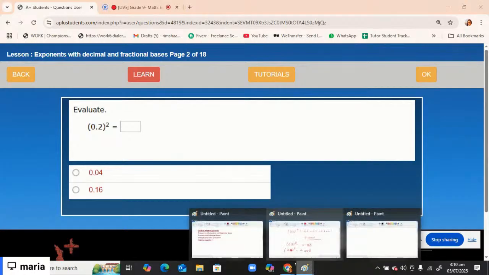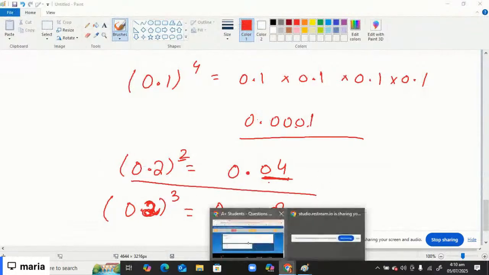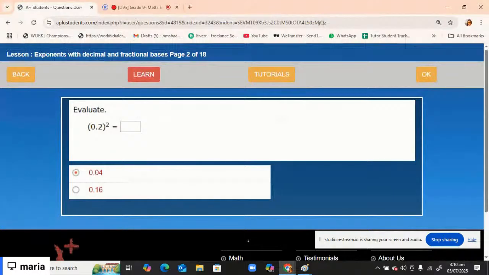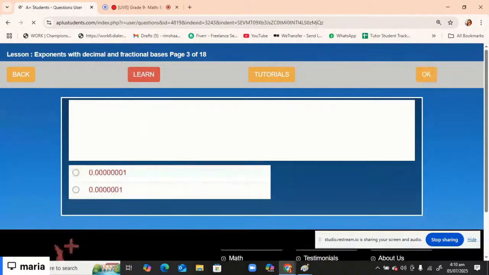0.2 square, we already solved it here. 0.04. Okay, 0.01 and the power is 4.